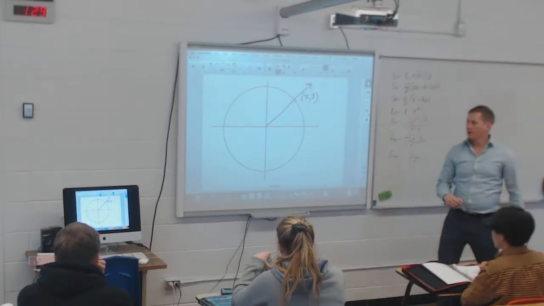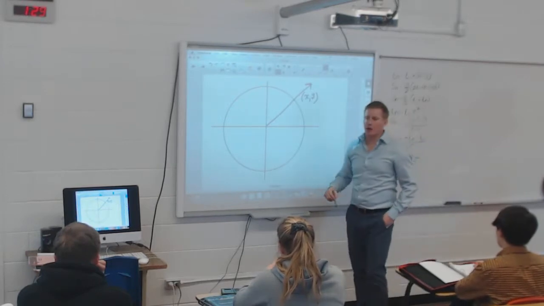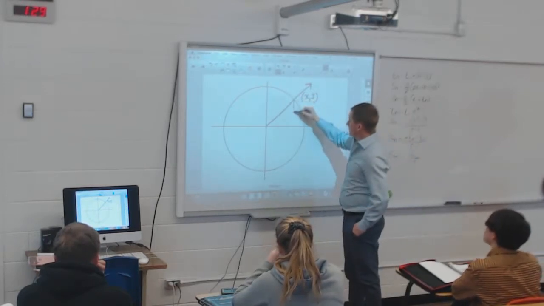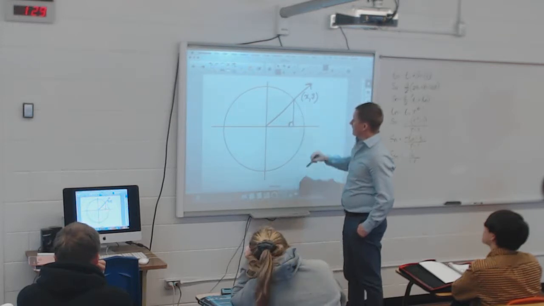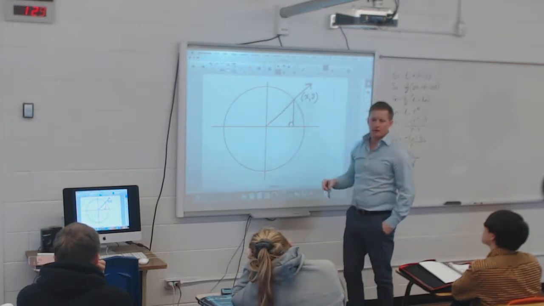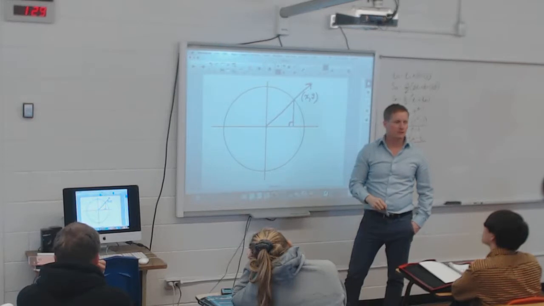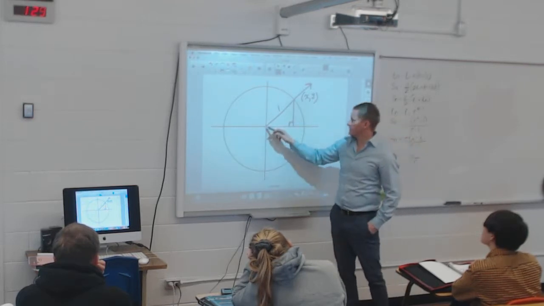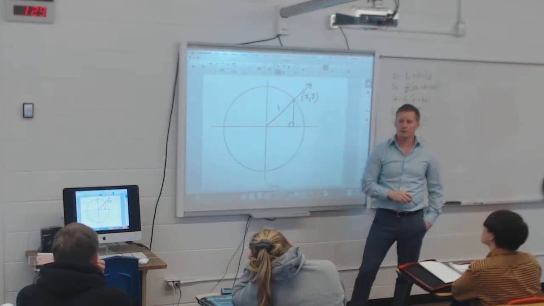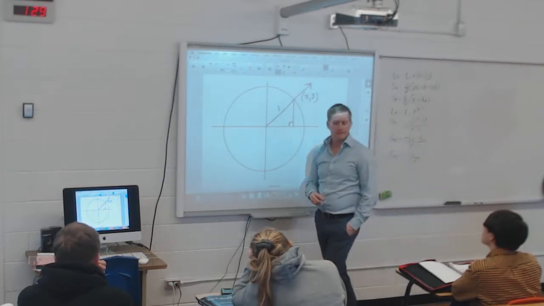Now I'm going to make myself a little triangle here. It's a right triangle, right? What's the distance from here to here? The radius is 1. But what's the distance from here to there? 1.5 radius.